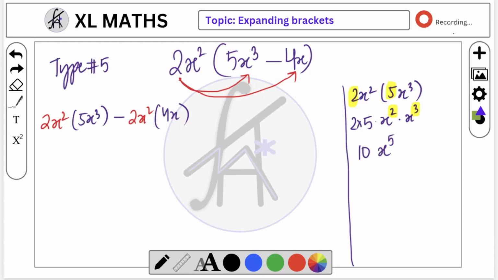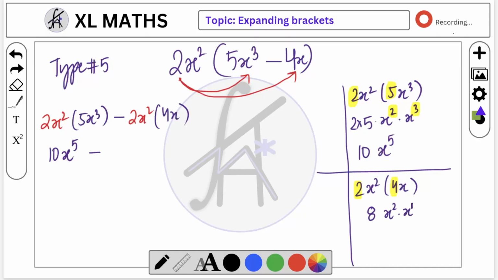So here it comes 10x to the power 5 minus, okay, how about this thing? Let's try that as well. 2x squared and then we have 4x. So what's here? 2 times 4, that gives us 8. And x squared times x. When x has no number, just remember that's 1 here.